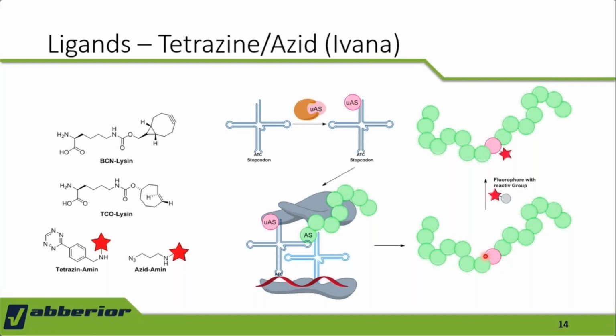And with this, we can create a bioorthogonal reactive group, which will react without adding any kind of reagents, with tetrazine or azides to bind covalently on our protein of interest. And then we have labeled specifically our protein of interest with only one fluorophore and with a very, very small tag.